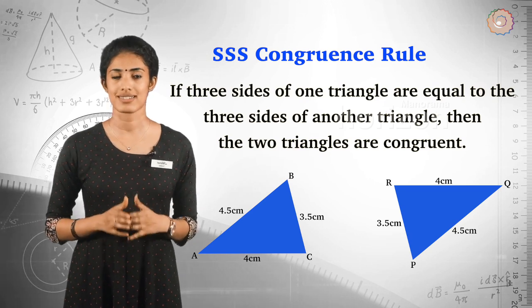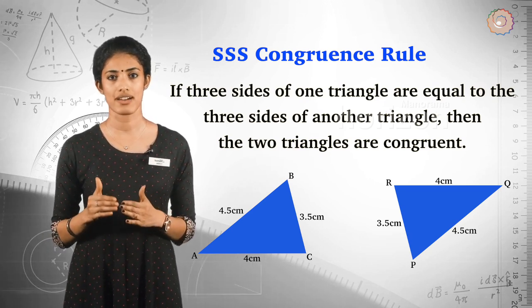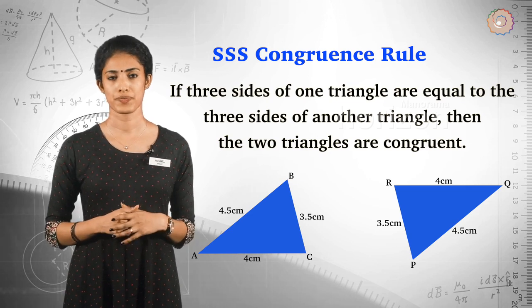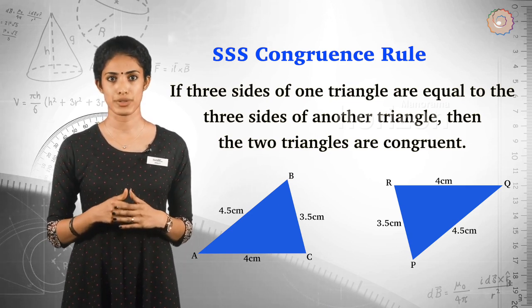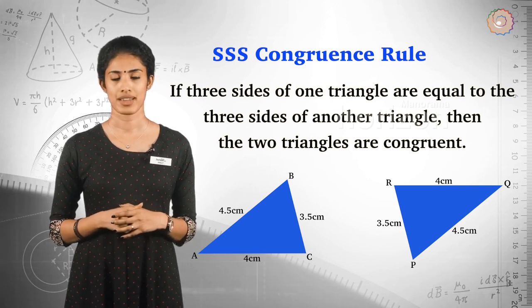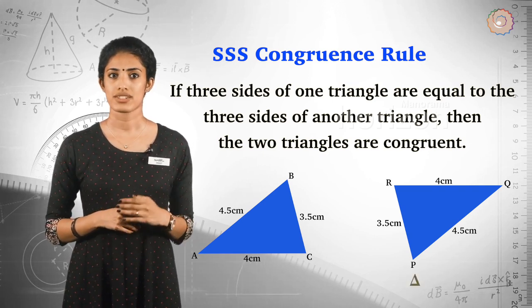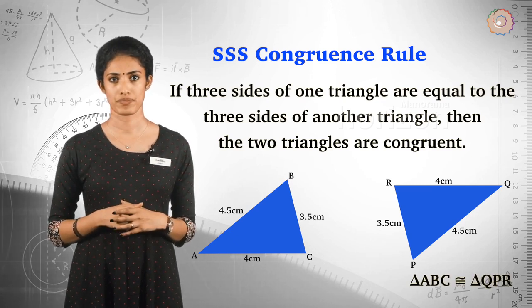Basically, according to this criterion, you just need to check whether the three sides of the triangles are equal or not. Therefore, AB is equal to PQ, AC is equal to QR, and BC is equal to PR. Therefore, we can write triangle ABC is congruent to triangle QPR.